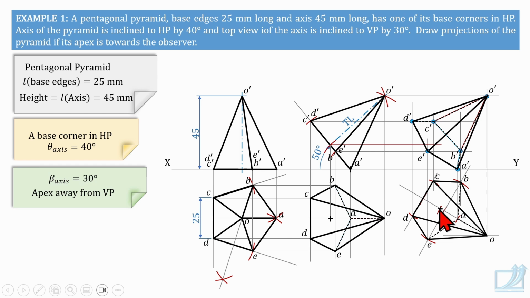And from this point in the top view, the center of base, I am drawing a vertical projector. So this is how we have located the center of base. Now join the center of base with the apex. Check this thin blue colored line I have drawn here as the axis. So this is the axis in the front view.